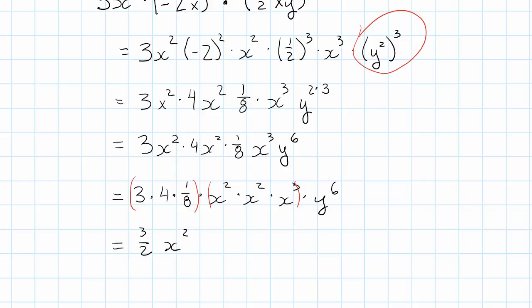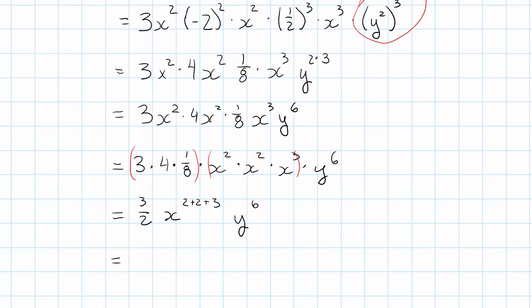Product of powers rule says that's x to the 2 plus 2 plus 3. Y to the 6th stays put. And then 3/2. X to the 2 plus 2 plus 3 is 7. Y to the 6th is what we end up with.